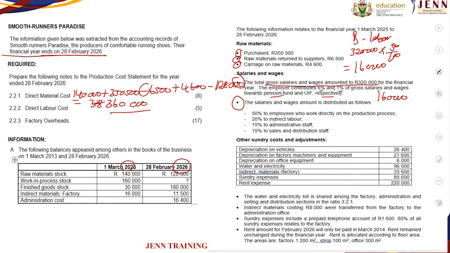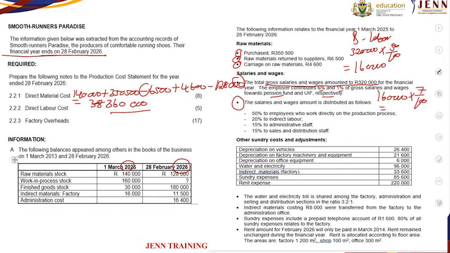Out of this 160,000, the business must still contribute 6 plus 1, that is going to be 7%. Now, when we calculate this 7%, it means we have to say 160,000 multiplied by 7 over 100.